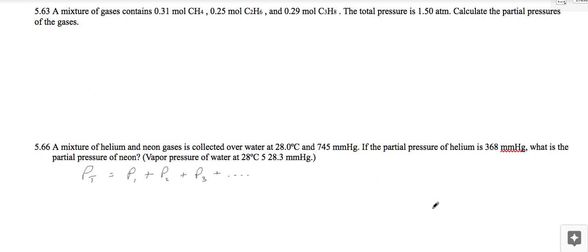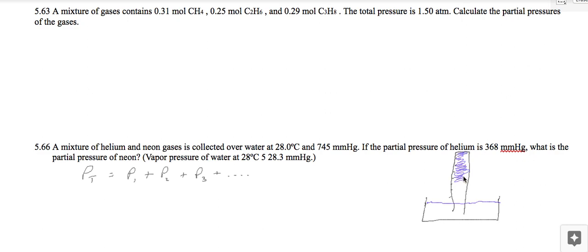When we collect gas over water, we have a container filled with water, and then we also have another measuring container up here with marks on it, and that is also filled with water.